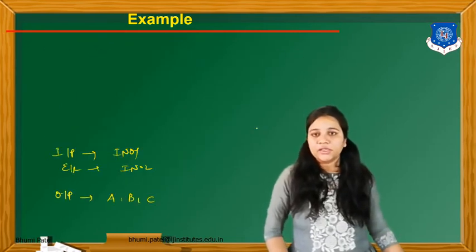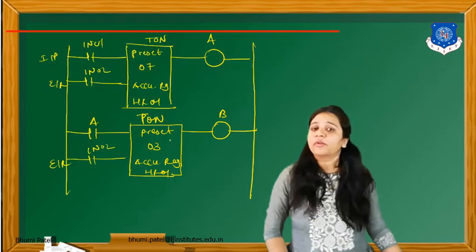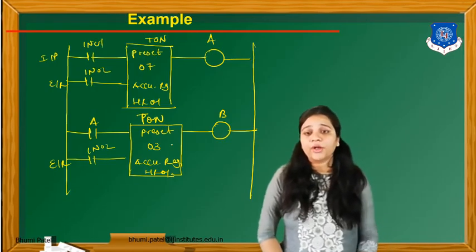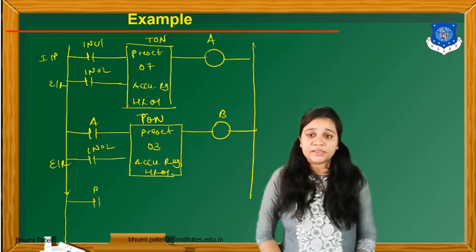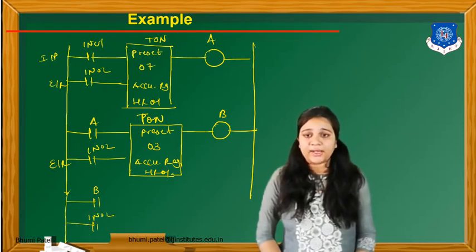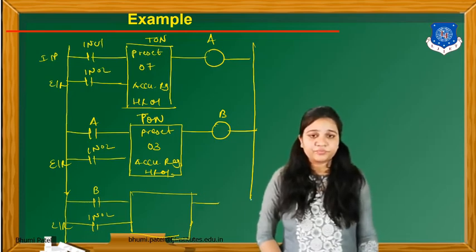Now what is the condition for C? Mixer C is to start 5 seconds after B. So the same logic we have to continue. After B, 5 seconds later mixer C will start, so we can take B as the input and we can take one enable or reset pin, that is IN02. This is the same for all the mixers because this is a processing line and the mixers depend on each other.